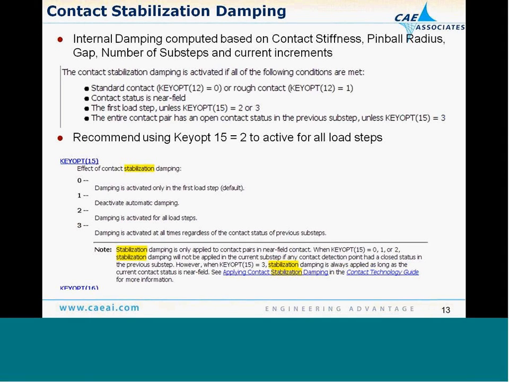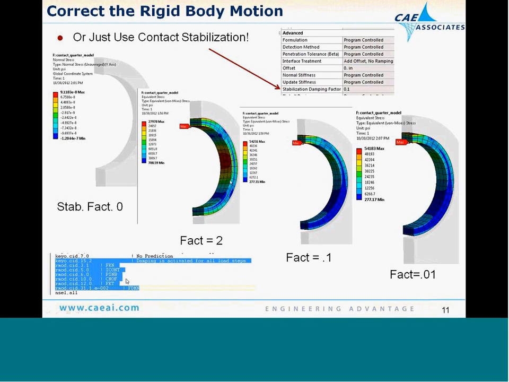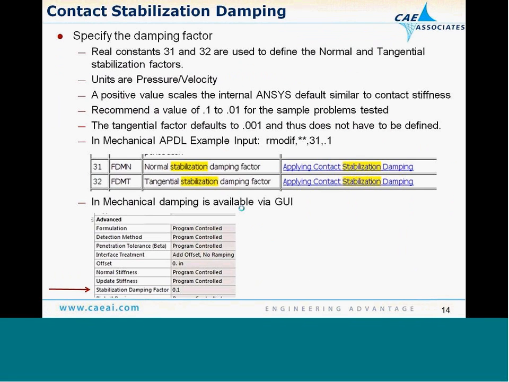You can also control when ANSYS turns on this stabilization. The stabilization is typically turned on for the first load step, although you can activate it for all load steps if you have intermediate solutions. On Workbench, it will automatically set the stabilization to 2, meaning to use it at all load steps, and you input the coefficient, which becomes a real constant related to the contact pair.